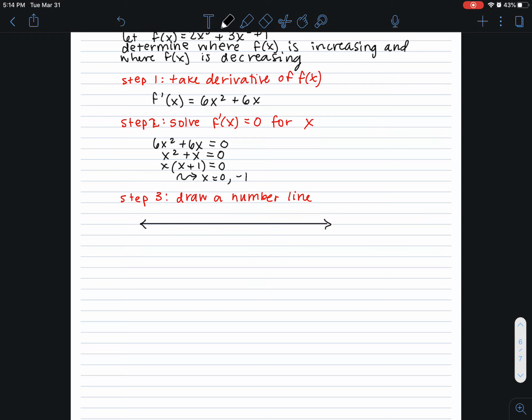If anything, it's satisfying. You're going to mark the x's from step 2. So we had x equals 0 and x equals negative 1.